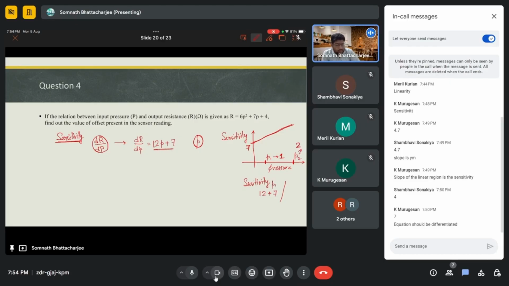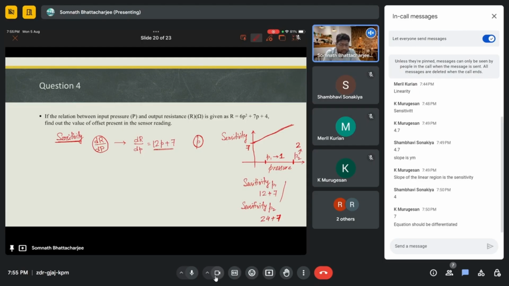Sensitivity for P1, sensitivity for P2, the value will change. In this case, the value will be 24 plus 7. So the sensitivity depends on the input value as well. But what will be the offset value?